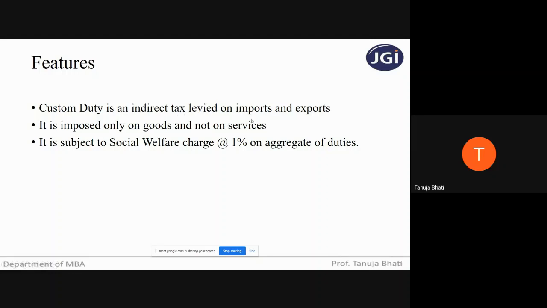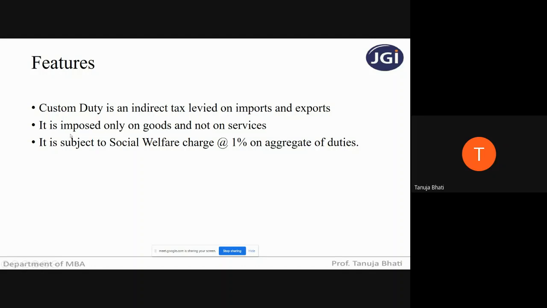You know what is the meaning of imports? That is bringing into India from a place outside India, and exports is taking out of India to a place outside India. Apart from that, if there is any transaction, custom duty will not be levied. If it is not an import or export, custom duty will not be levied. Just remember, custom duty is levied only on imports and exports.